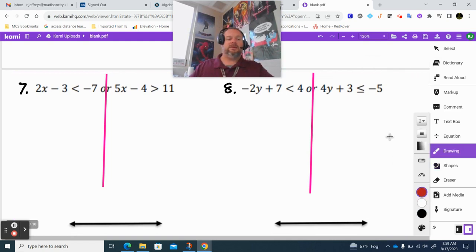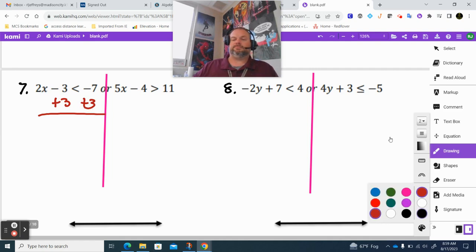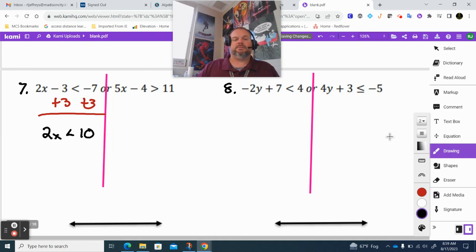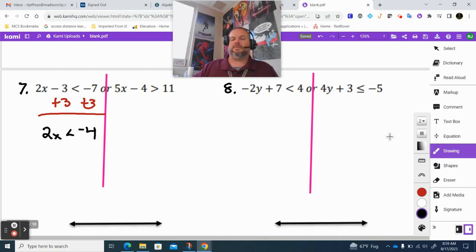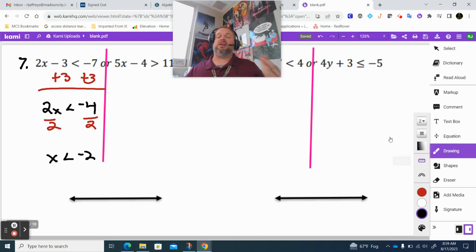All right. Over here, what do we need to do first on the new number 7? What's our first step to solve? Add 3. Awesome. That's not right. That's better. All right. Then we should divide. Now, there's actually nothing that says that you cannot do your graph right now. You can.